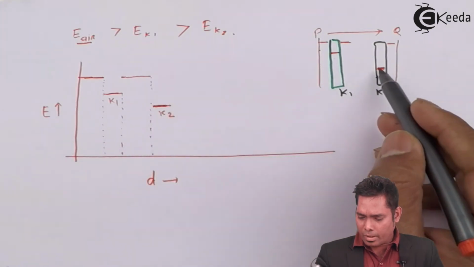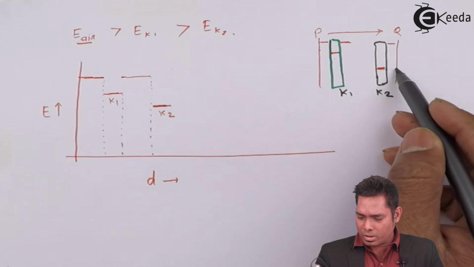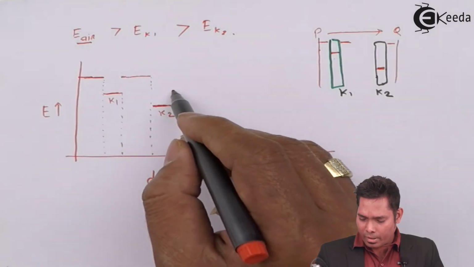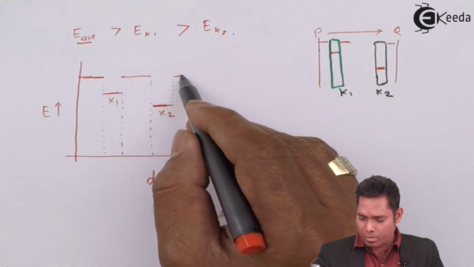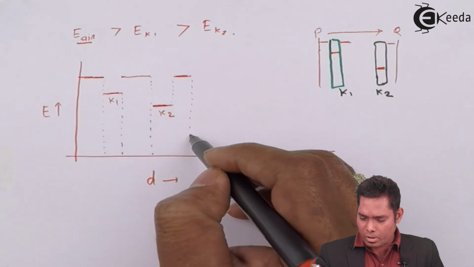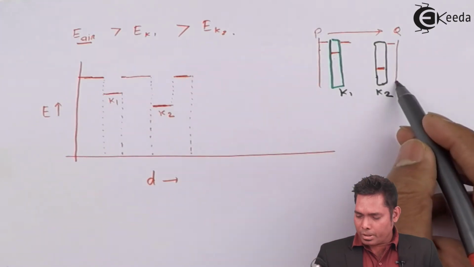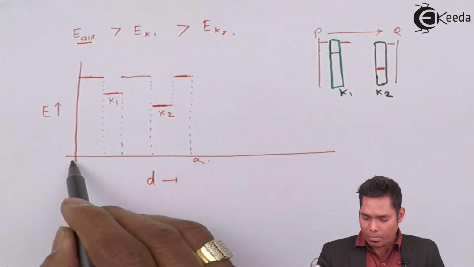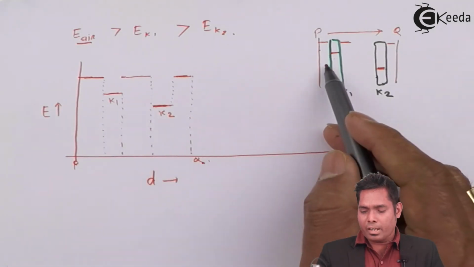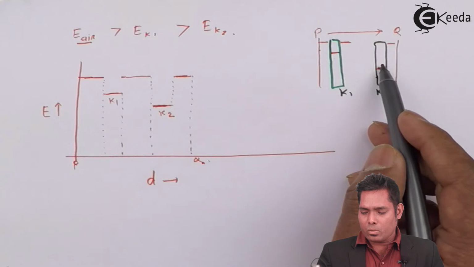After I leave this point and move towards this plate, the air starts coming in, and when air comes, then again it attains this value. So this is the arrangement, and here you reach the plate Q. I start from plate P and I reach plate Q. I find first air, then K1, then air, then K2, then air.